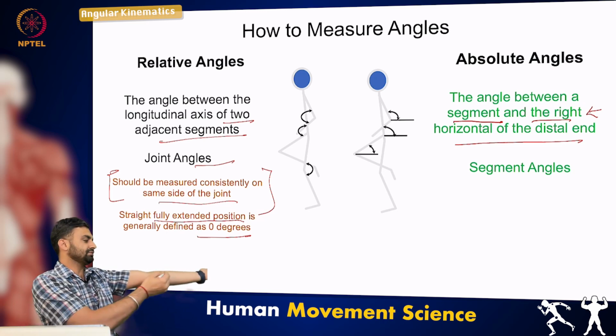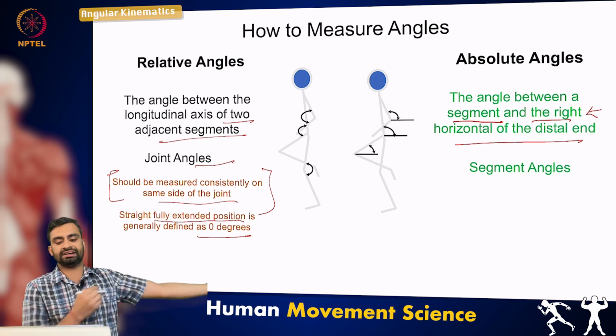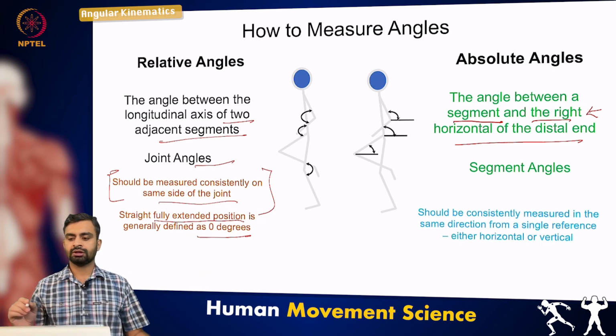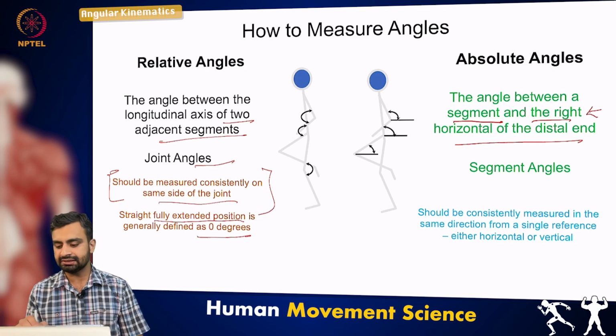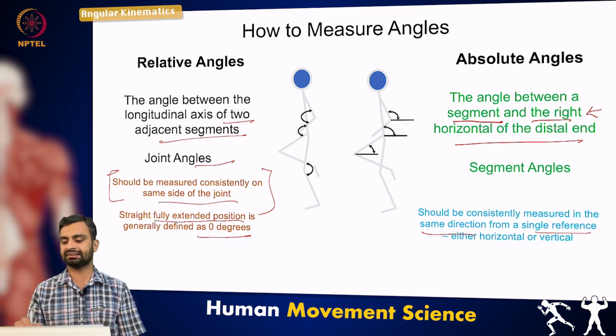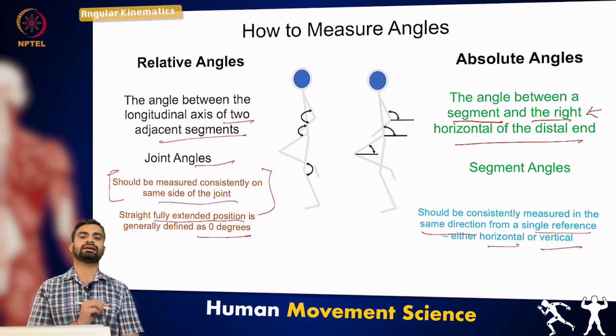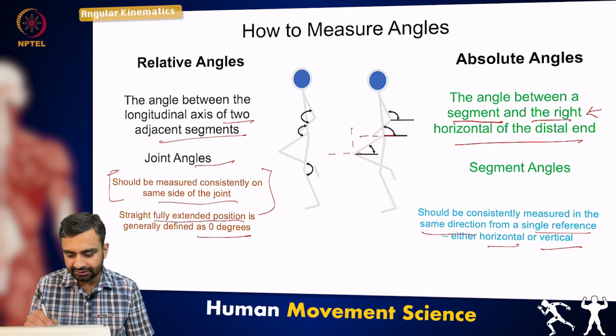But mathematically, if you are measuring the angle from here or here, that becomes 180 degrees also. So absolute angles should be consistently measured in the same direction, as I discussed earlier, from a single reference, either horizontal or vertical. Over here in this example, I just showed the horizontal, but you can measure the segment angles with respect to a vertical axis also.